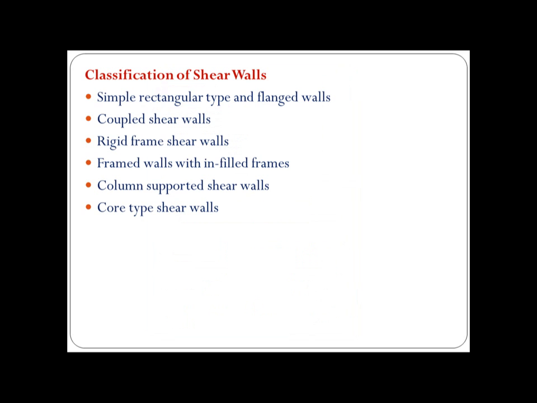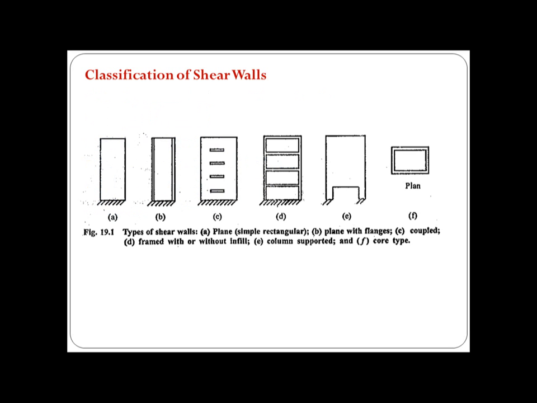Classifications of shear wall. Shear walls can be classified into the following types: a simple rectangular wall, flanged wall, coupled shear walls, rigid frame shear walls, framed walls with infill frames, column supported shear walls, and core type shear walls. These have been displayed in pictures.